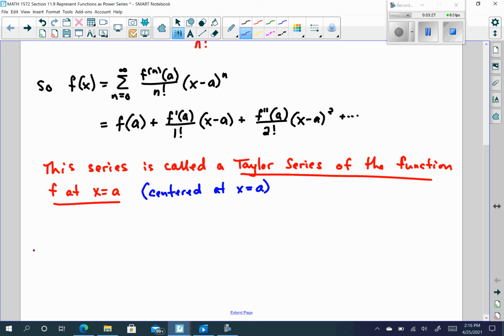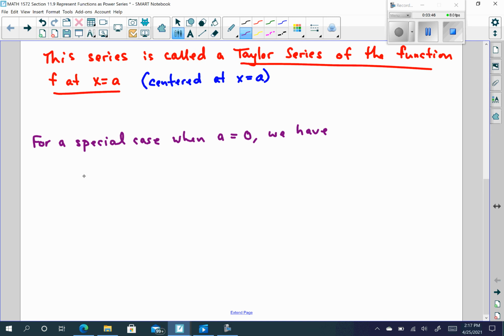Now for a special case where a is equal to 0, we have the following. The sum as n goes from 0 to infinity of the nth derivative of f at 0 over n factorial times x.